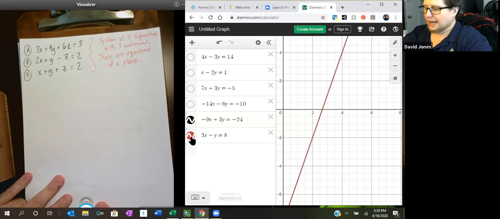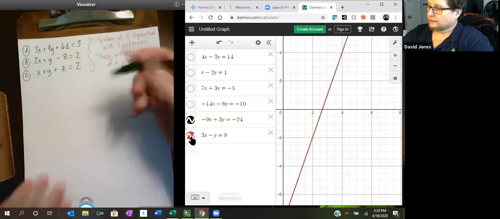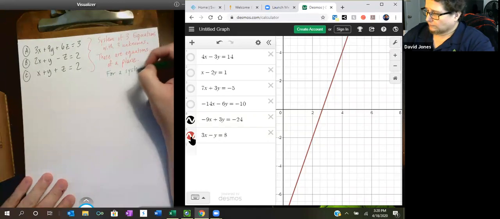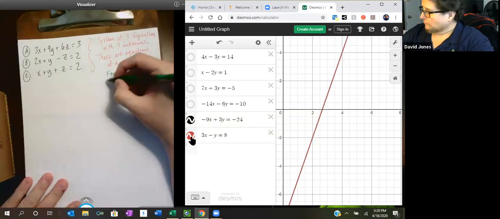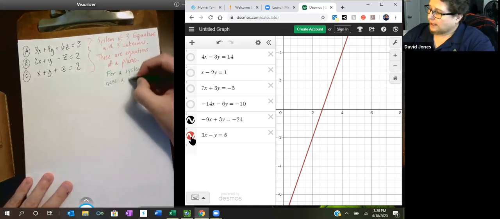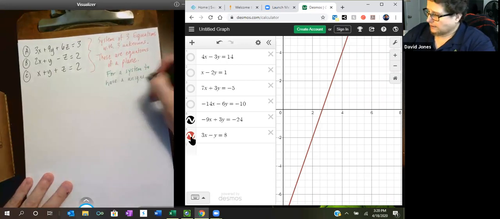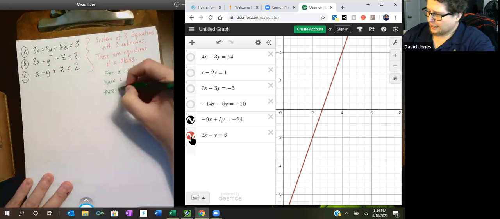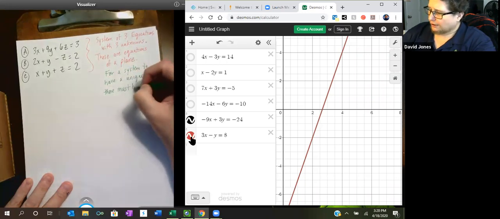For a system to have a unique solution, there must be as many equations as there are unknowns.